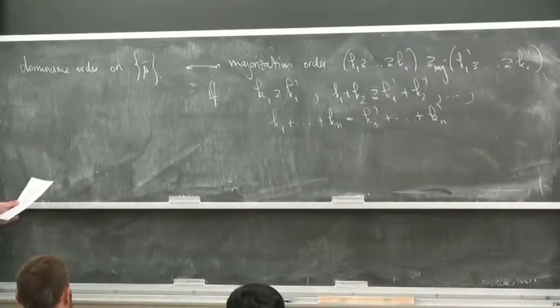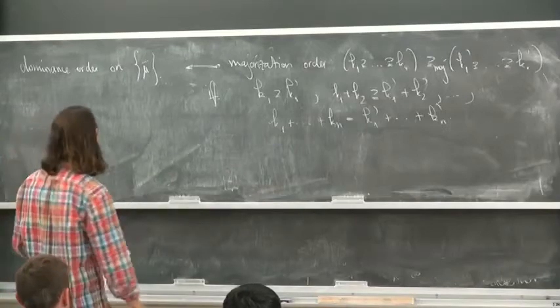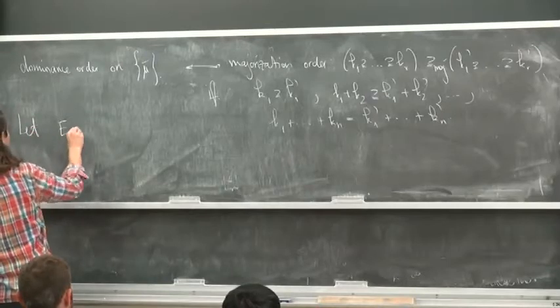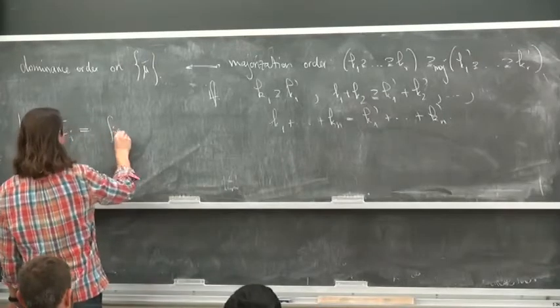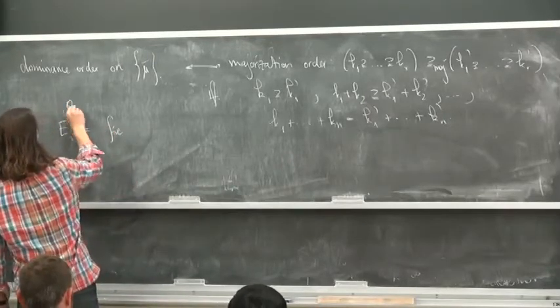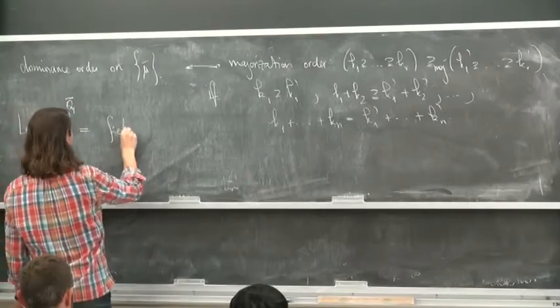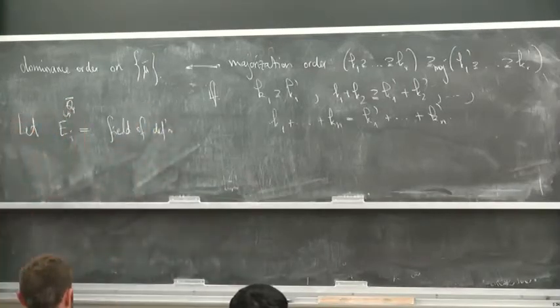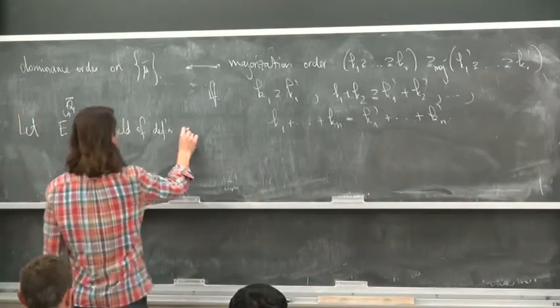Okay, and I should also say that I let E_i be the field of definition, so that's containing Q_p bar, of this conjugacy class.